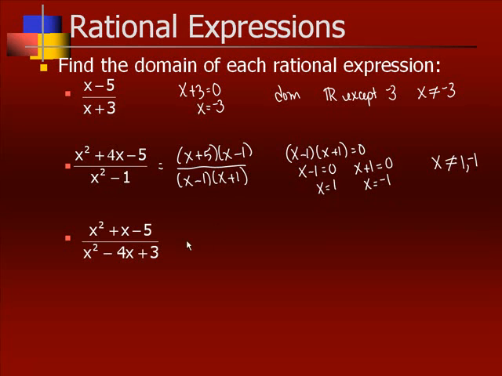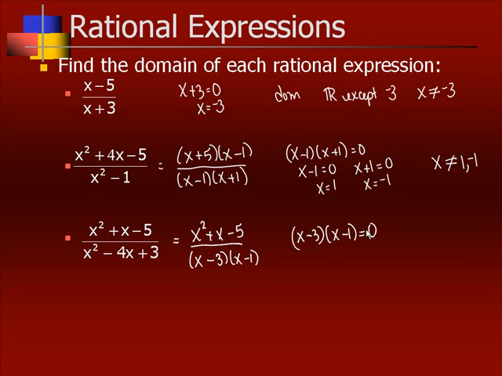Now the third one, we said the numerator would not factor, but when we're talking about domain, we don't care what's in the numerator. We are only concerned with the denominator. So what would make the denominator equal to 0?